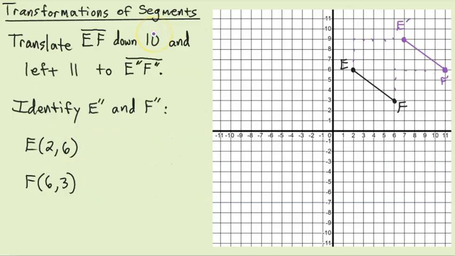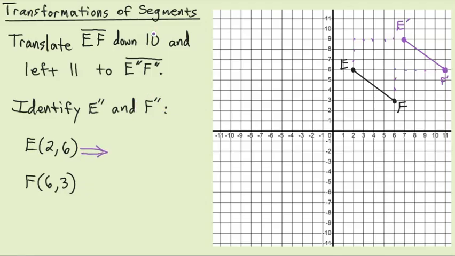All right, so our last one here, translate segment EF down 10 and left 11. So down 10 means minus 10 on the y coordinate, and left 11 means minus 11 on the x coordinate. We're going to E double prime, F double prime, segment E double prime, F double prime. So let's identify E double prime and F double prime.